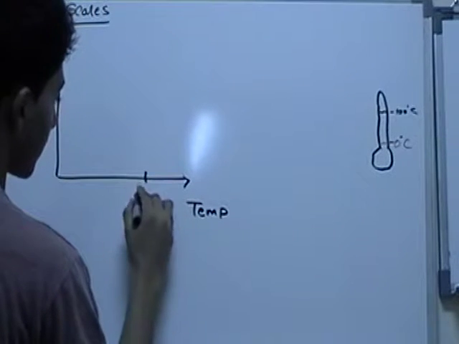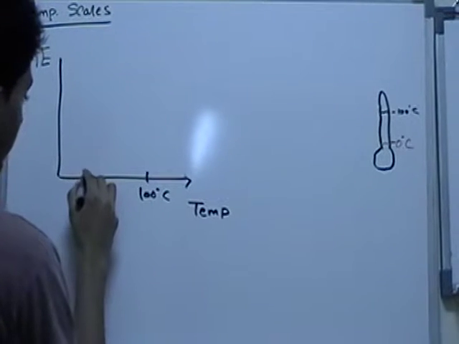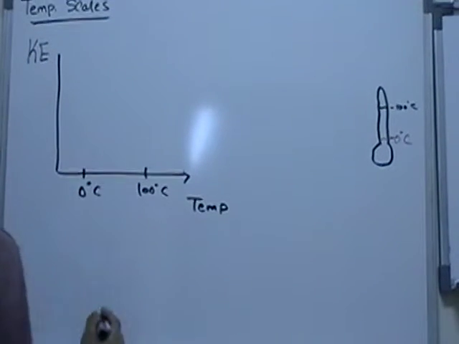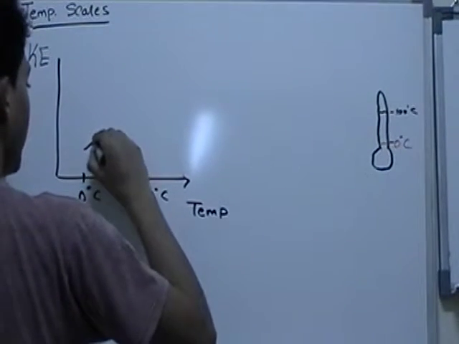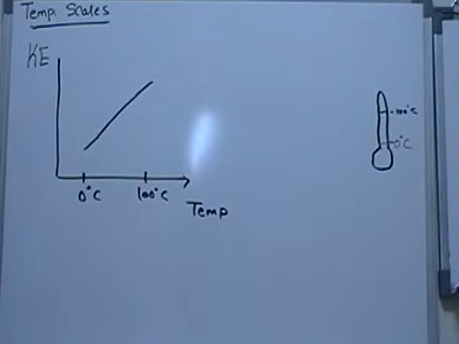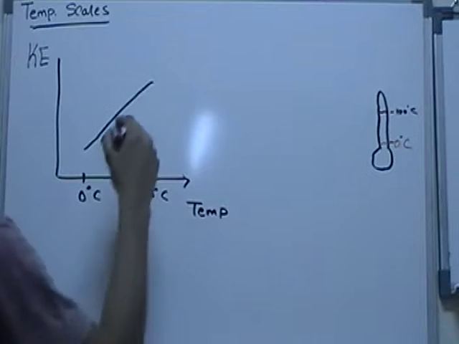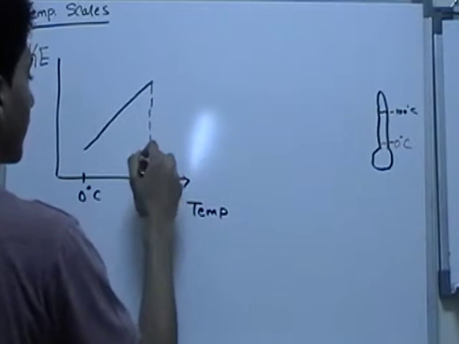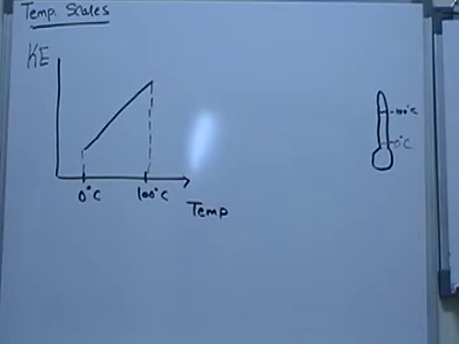Now we already discovered 100 degrees Celsius and 0 degrees Celsius. So you're right here and you add heat to it, and it would look like this over here. We talked about 0 degrees Celsius to 100 degrees Celsius with even spacing, 10 equal spacing markings.